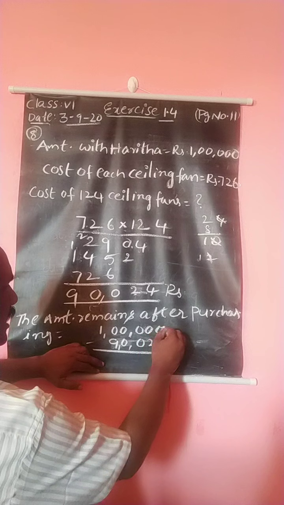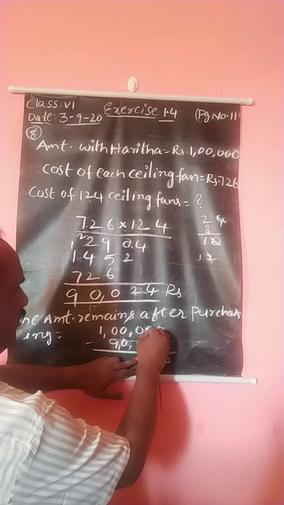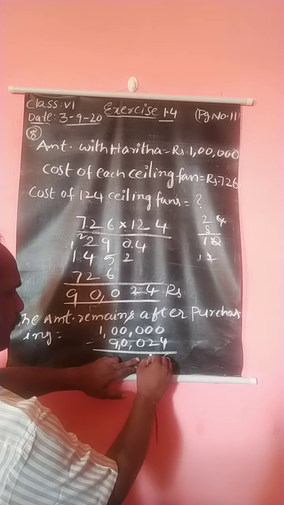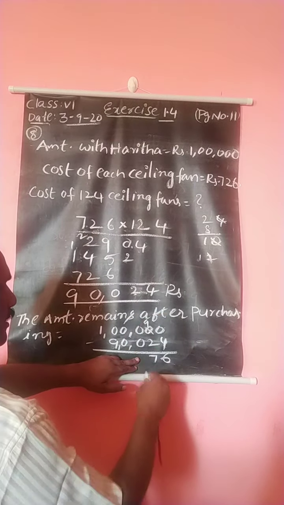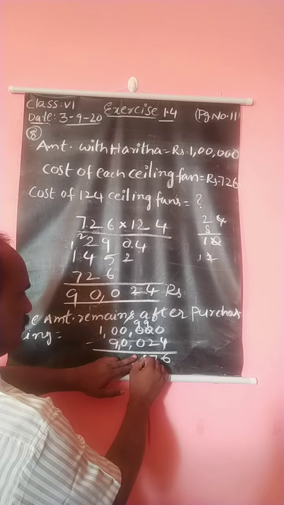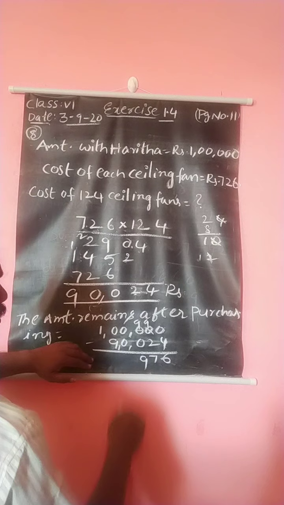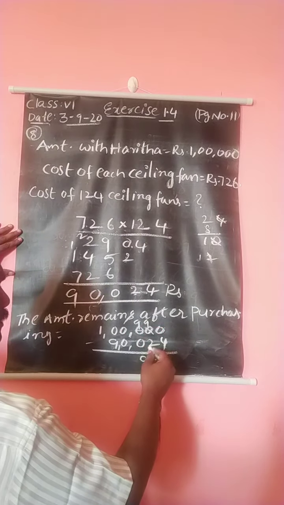Subtraction: 10 minus 4, 6. 9 minus 2, 7. Here also 9, 9 minus 0, 9. Here 9 will be there.